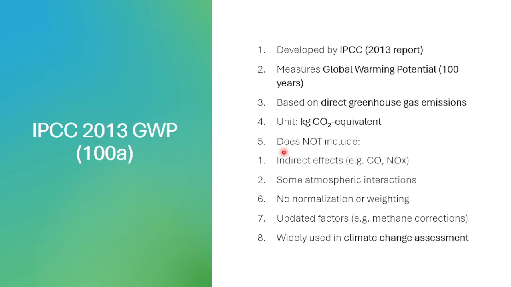However, it does not include indirect effects such as from CO or NOx or some atmospheric interaction. There is no normalization or weighting, making the method simple and transparent. Updated factors, such as the methane correction, improve accuracy. Overall, it is a reliable standard method, but mainly focuses on direct climate effects.